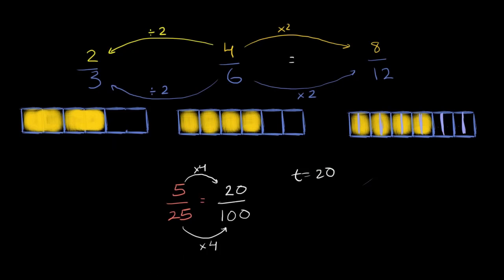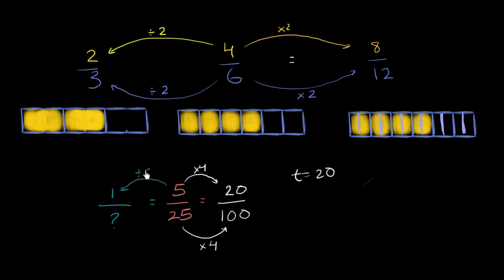But what if someone says, well, 5 over 25 is equivalent to question mark over 5. Well, now what would you do? Actually, let's do it the other way. Is equal to 1 over question mark. Well, you could say, look, to get our numerator from 5 to 1, we have to divide by 5.